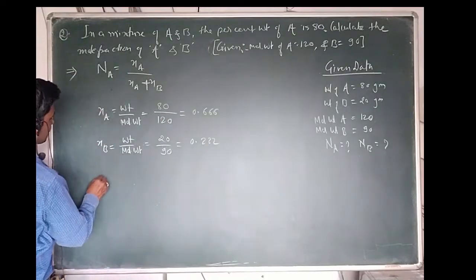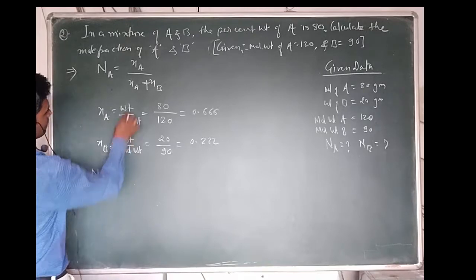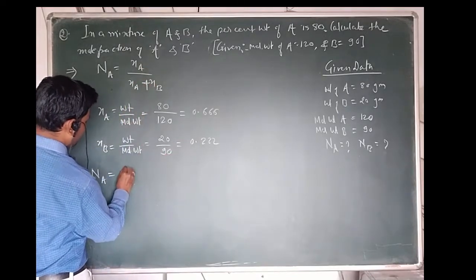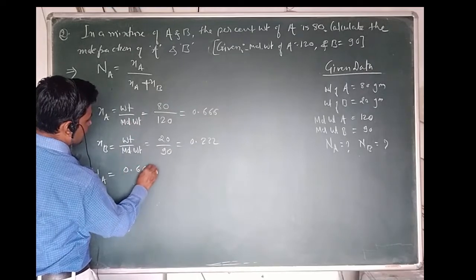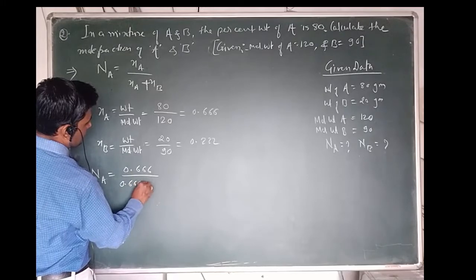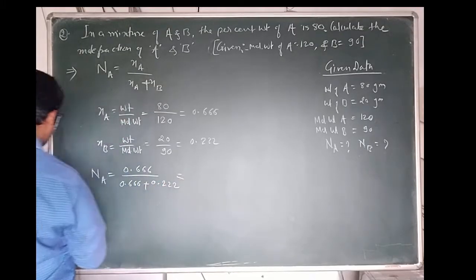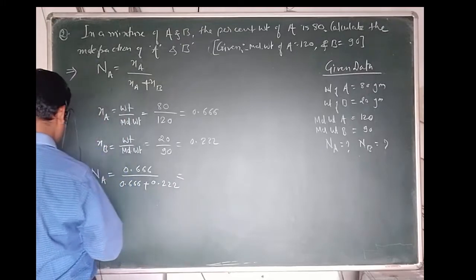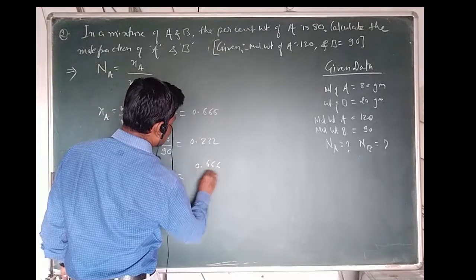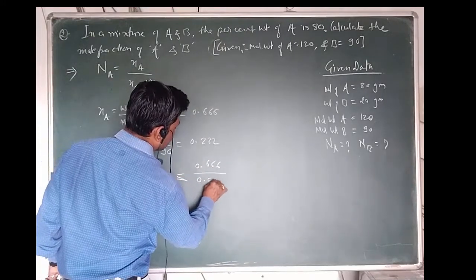Now we can calculate the mole fractions. Na equals the number of moles of A divided by the total number of moles. The number of moles of A is 0.666 and the total number of moles is 0.666 plus 0.222, that is 0.888.